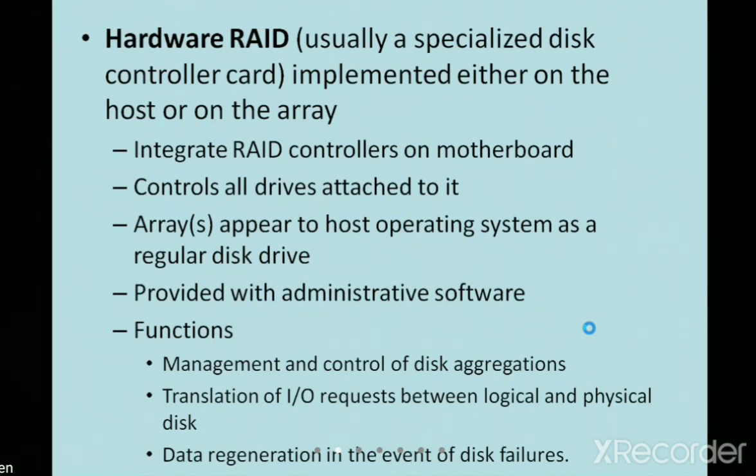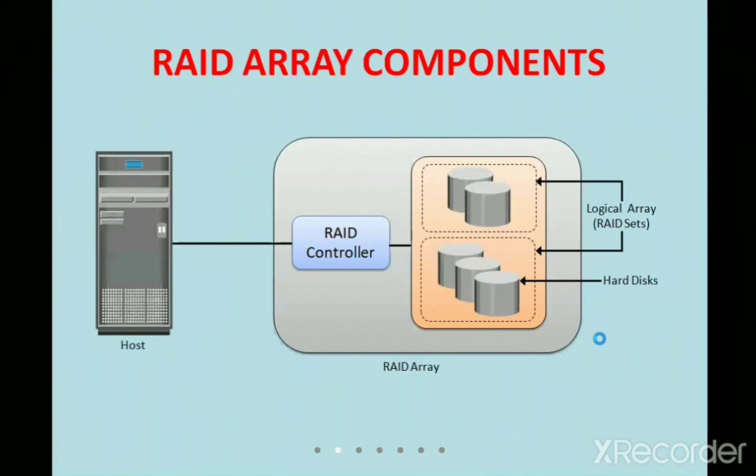Moving on to the next one. When I talk about RAID, what are the components involved? You can check in this diagram: we have a host, and here is a RAID array where you have all the storage disks. Here is a RAID controller.